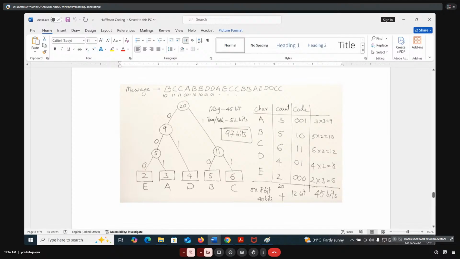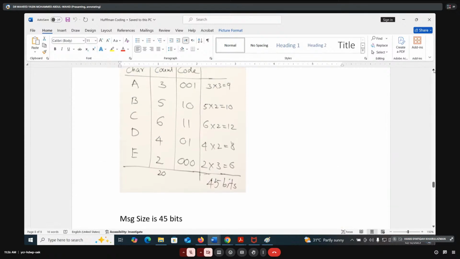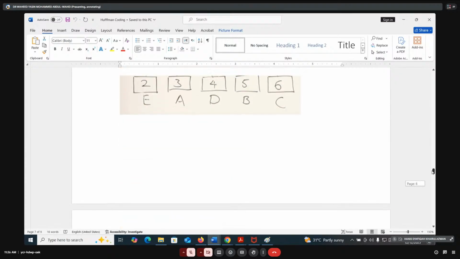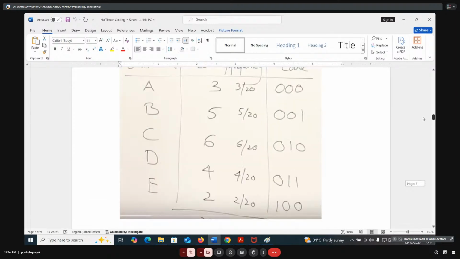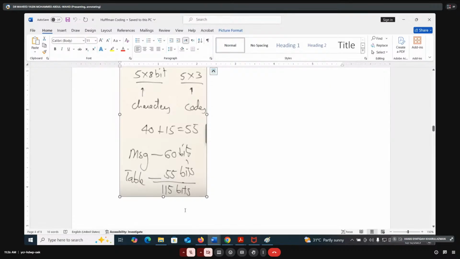So when I used this code last time, I managed to use 115. Am I right? Before I used Huffman, without doing anything, I used 160 bits. Then with Huffman I used 115.